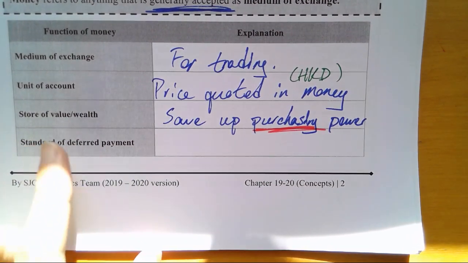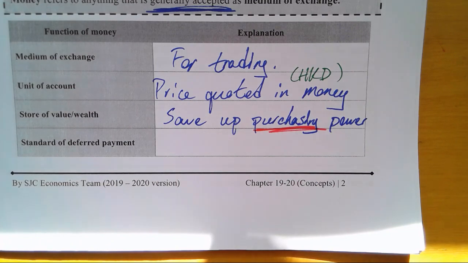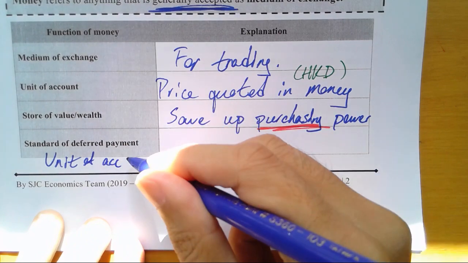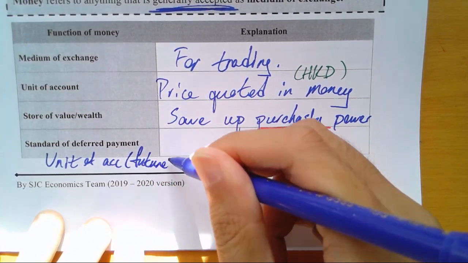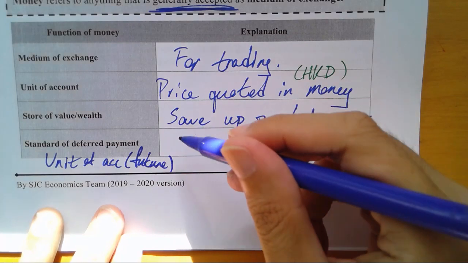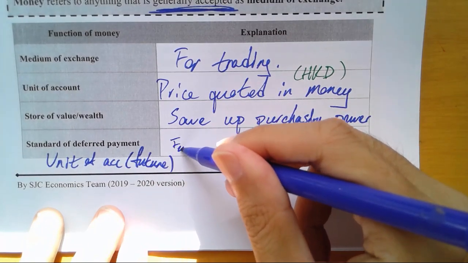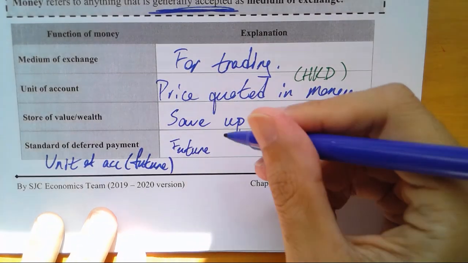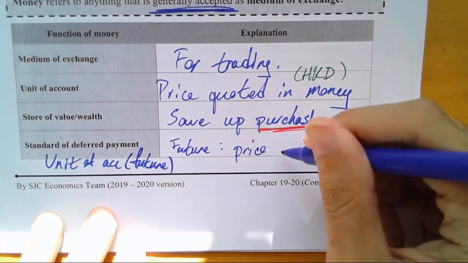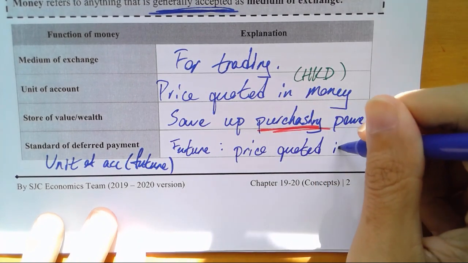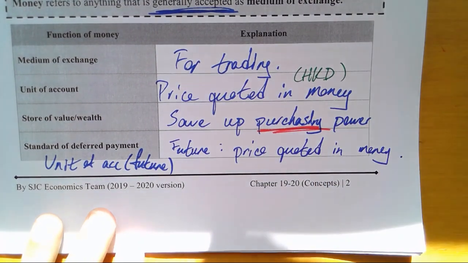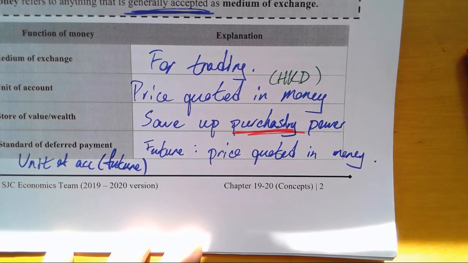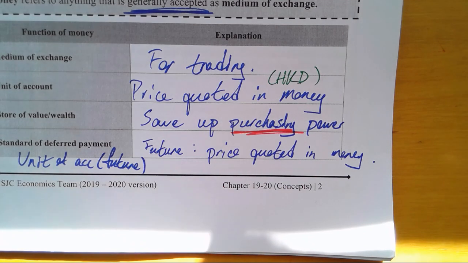Okay, now, standard of deferred payment. What does that mean? Actually, this is also unit of account. But this is a future version. Okay, we are talking about in future. Let's say installment, 係嘛？分期付款，係嘛？Future, the prices are quoted in money. Again, in Hong Kong, if you want to pay an installment, 係咪？假設啦，一次過俾唔起 like a mortgage, right?